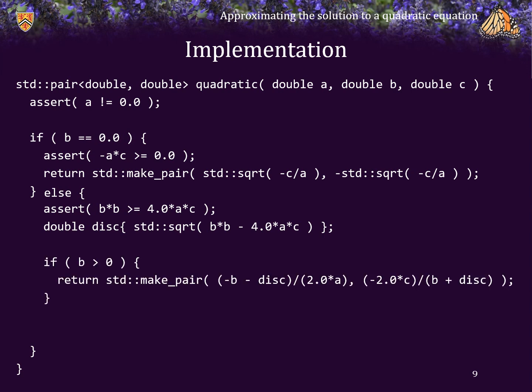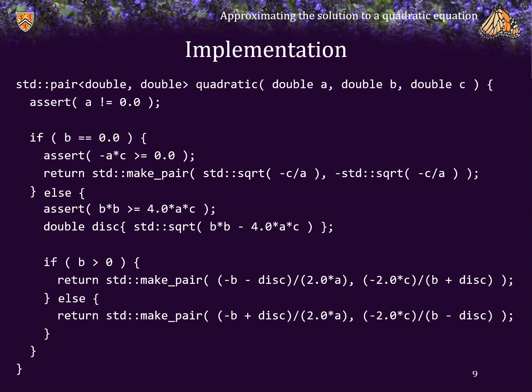Now we check. If b is greater than 0, we will return these two roots. Otherwise, b is less than 0, in which case we return the two alternative formulas.